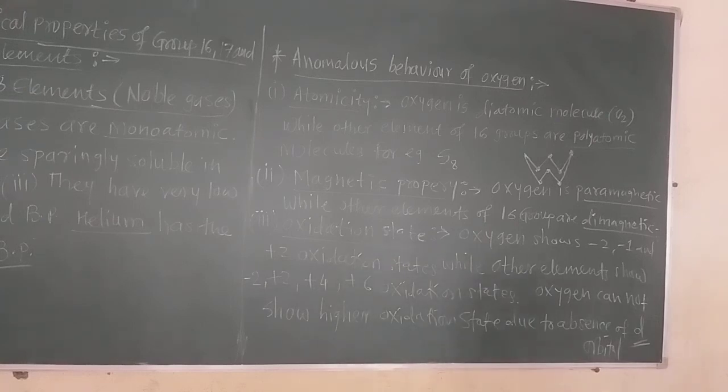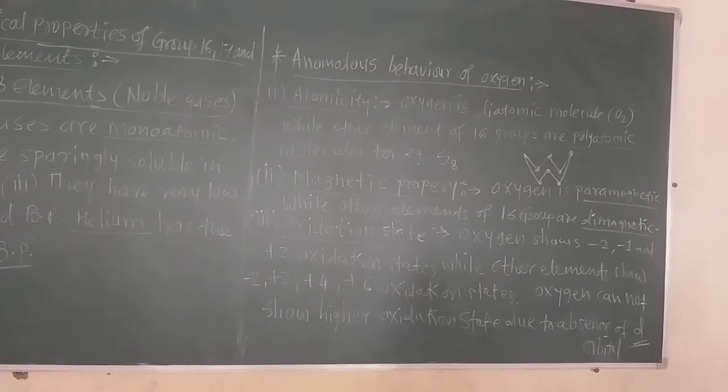Now the third anomalous behavior of oxygen is that oxygen only shows the -2, -1 and +2 oxidation states. The higher oxidation states of oxygen are not there because oxygen has atomic number 8.